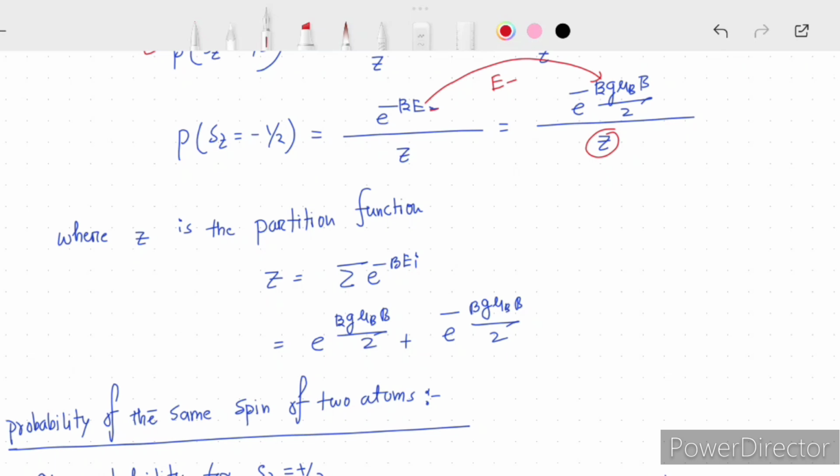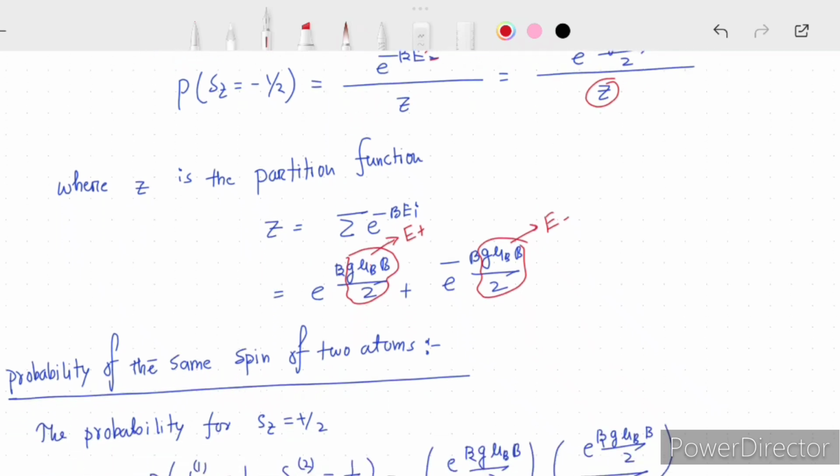This is the formula of the partition function, and we substitute the energies E plus and E minus. These two values are E plus and E minus, and this is the partition function of the given system.